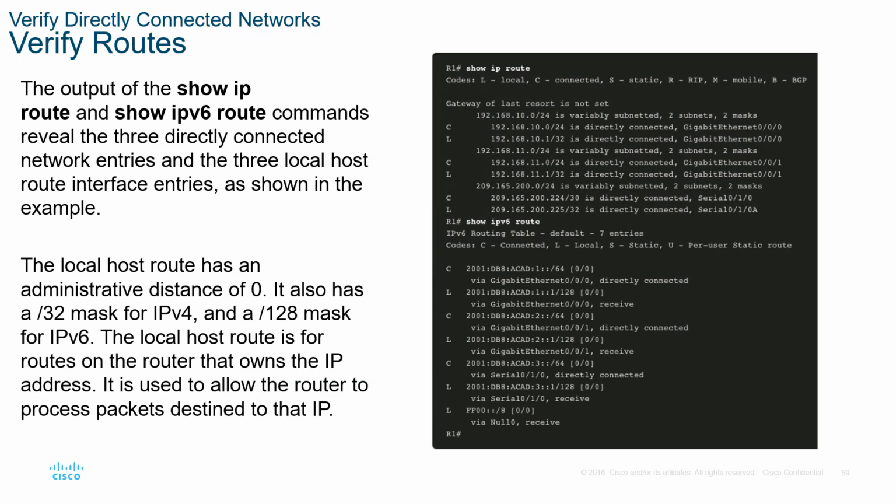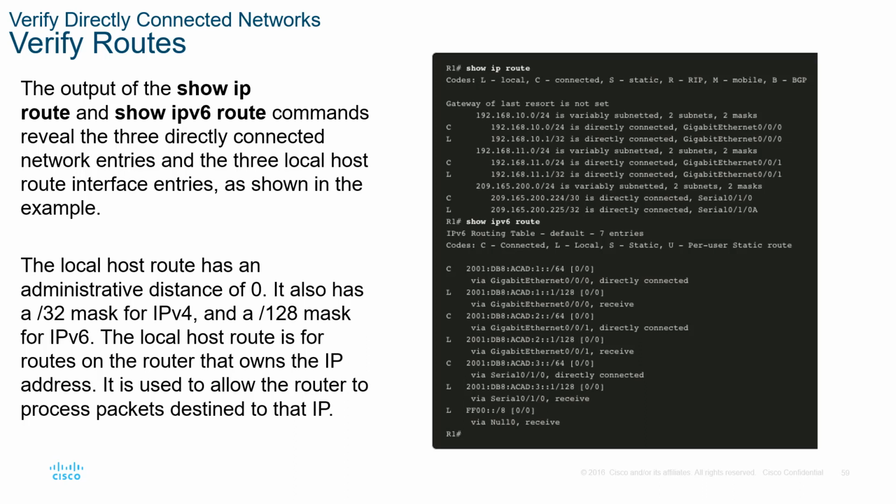Another one is show ip route and show ipv6 route. Here we'll have our directly connected and our locally connected routes. This routing table will show paths between devices. The local host route has an administrative distance typically of 0 and has a /32 mask for IPv4 or a /128 mask for IPv6.